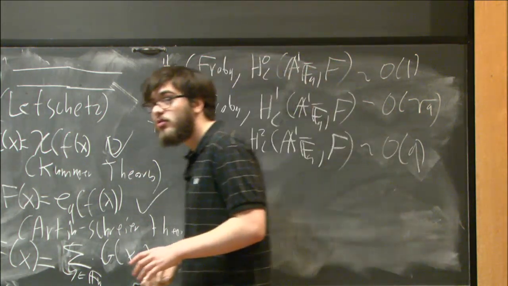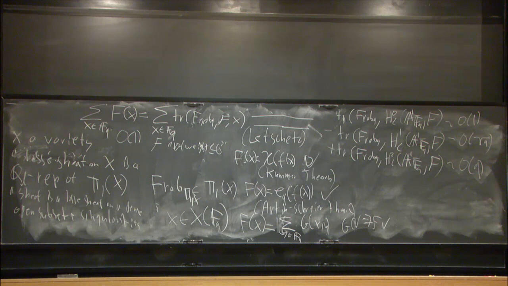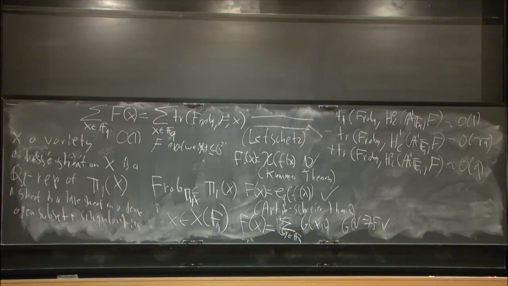I just want to say that capital F was something in the algebra of some other functions. So I'm trying to say that this is a strategy. Okay. So step 1 of the strategy is to write it as the trace function.